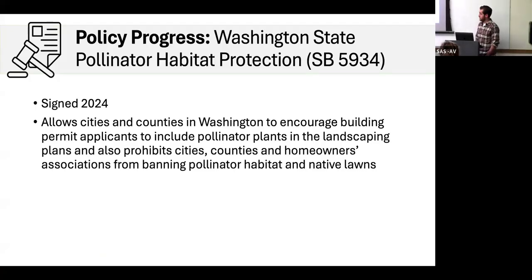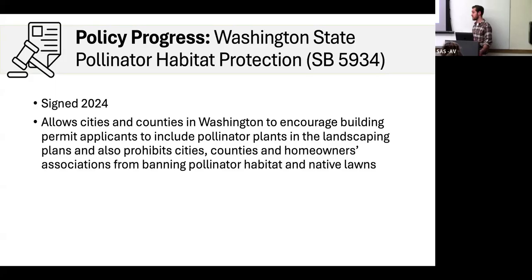So I want to mention some policy progress when it comes to native gardening or native pollinator habitat. This is the Washington State Pollinator Habitat Protection Bill that was signed in 2024, SB 5934. This allows cities and counties in Washington to encourage building permit applicants to include pollinator plants in landscaping. It also prohibits cities, counties, and HOAs from banning pollinator habitat and native lawns.